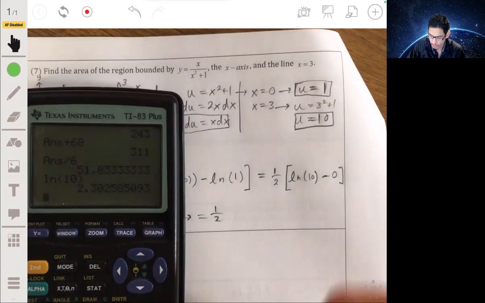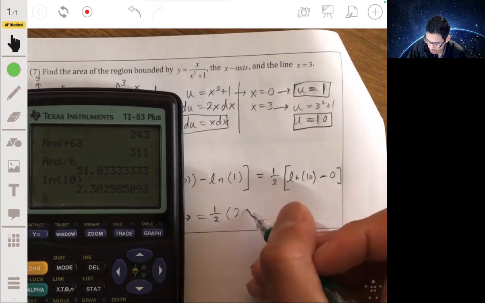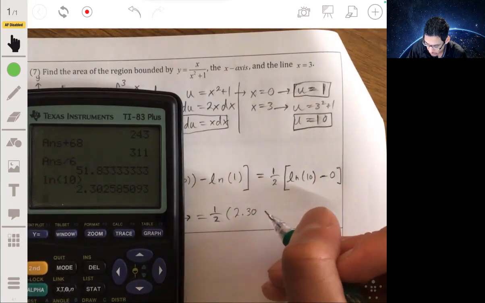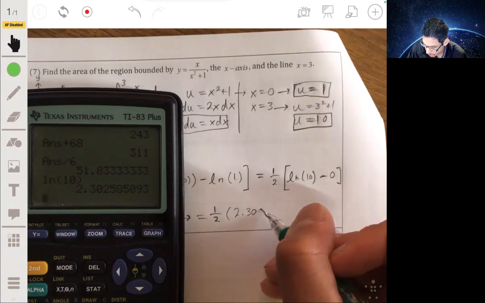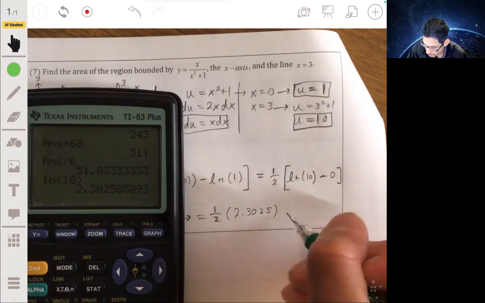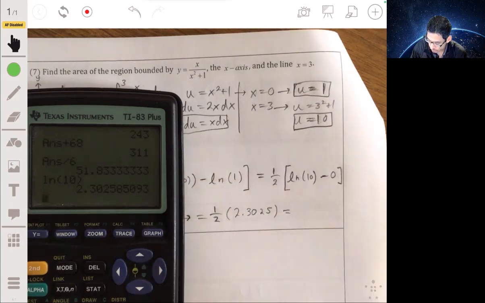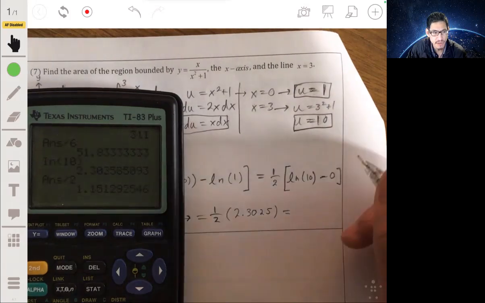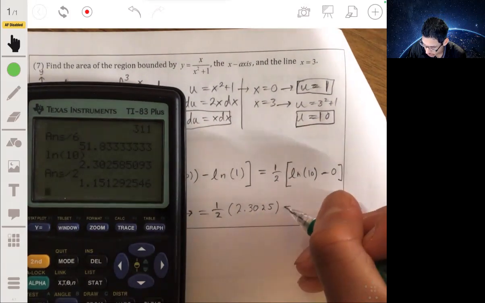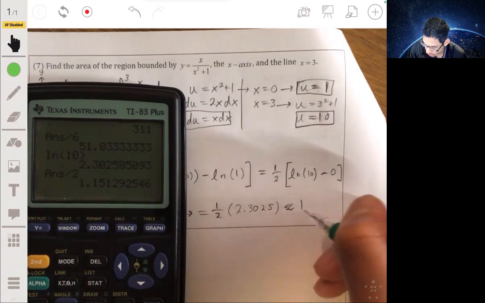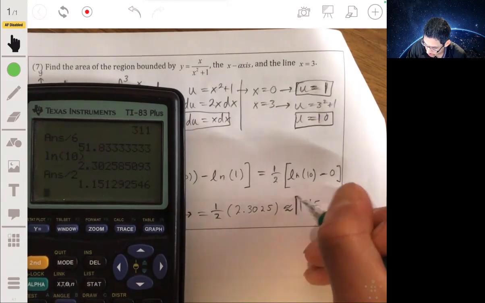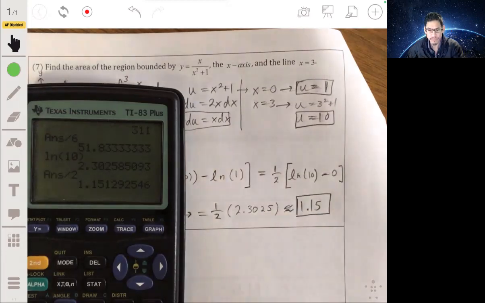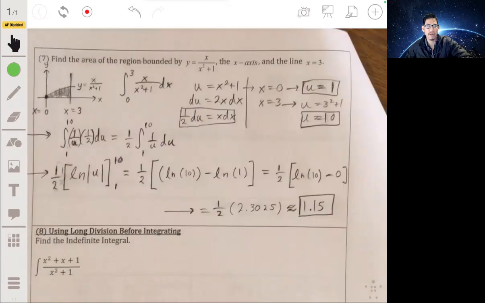So 1/2 times about 2.3-ish, my answer will be 1.15. About 1.15, you can say. All right, and that's all there is to that.